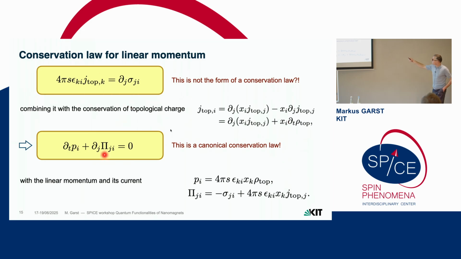And this simple manipulation allows you to rewrite this in terms of a proper continuity equation, where you have a time derivative of something plus a divergence of something equals 0, where P is now the linear momentum and big Pi is the linear momentum current.